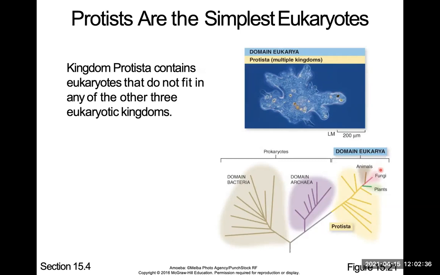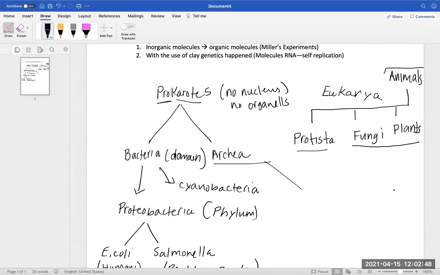After that, we have fungus. So kingdom Protista contains eukaryotes that do not fit into any of the other three kingdoms, so animals, fungi, or plants. So these are the kingdoms. Just to kind of remind you, these are the kingdoms. This is the domain.